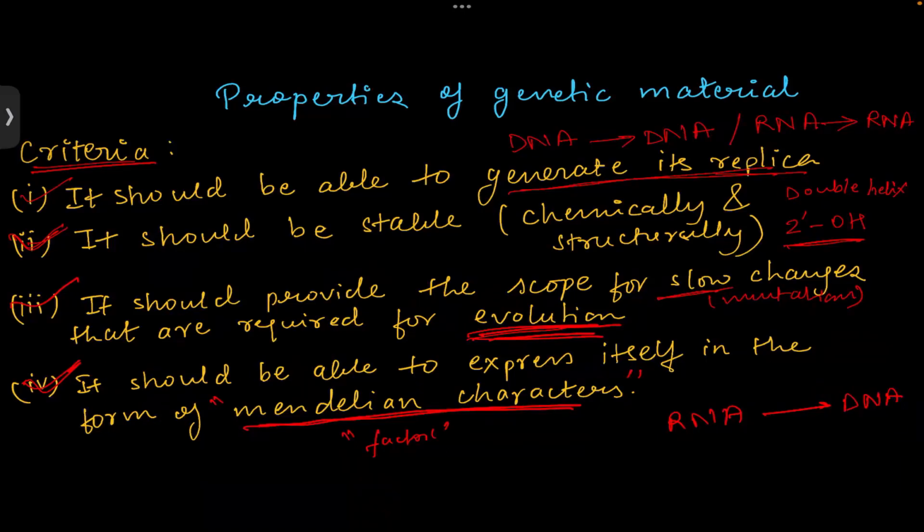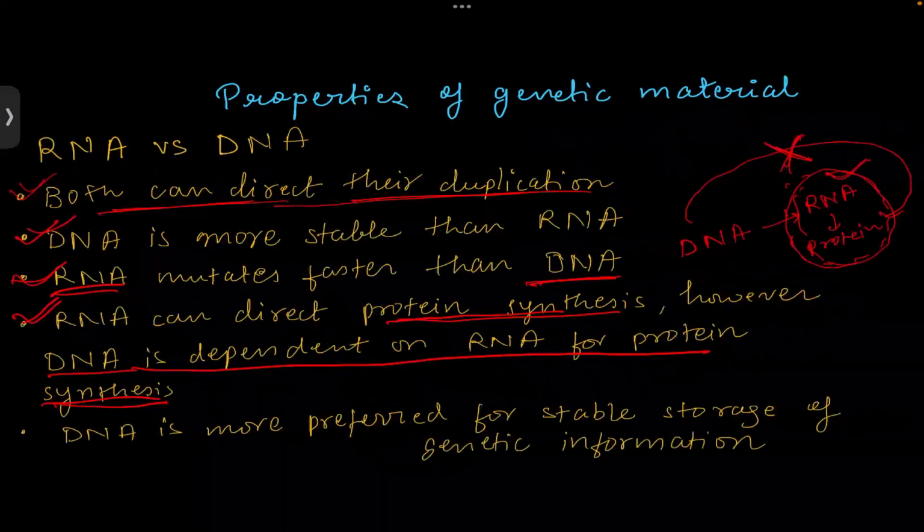So DNA is a much more suited genetic material than RNA. But in nature there are a few viruses that have RNA as the genetic material, whereas higher multicellular organisms like us all have DNA as genetic material.